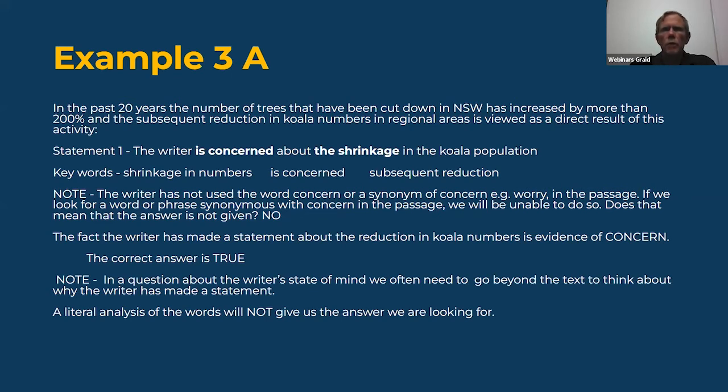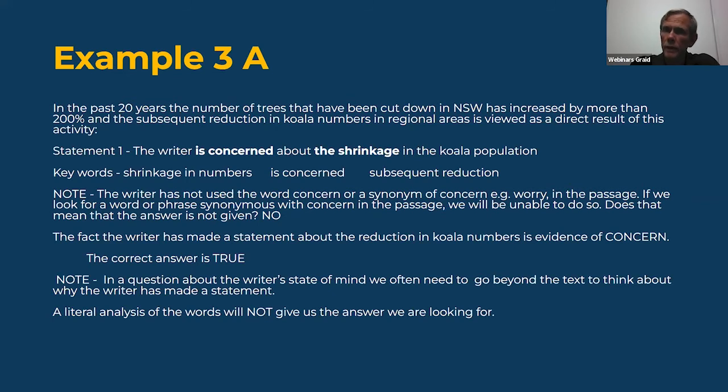Now, the writer hasn't used the word concern in the passage or any synonym of concern. There is no mention of worry or trouble or anything like that. So if we look for a word or phrase synonymous with concern in the passage, we will be unable to do so because it simply isn't there.